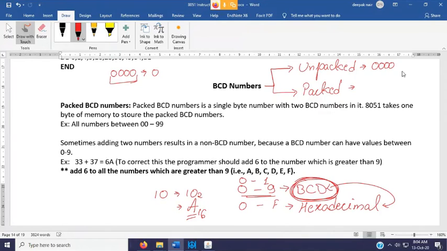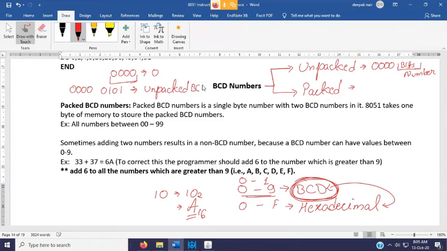The lower 4 bits will represent the number itself. For example, if you say 0, 0, 0, 0, 0, 1, 0, 1, then this is an example of unpacked BCD.